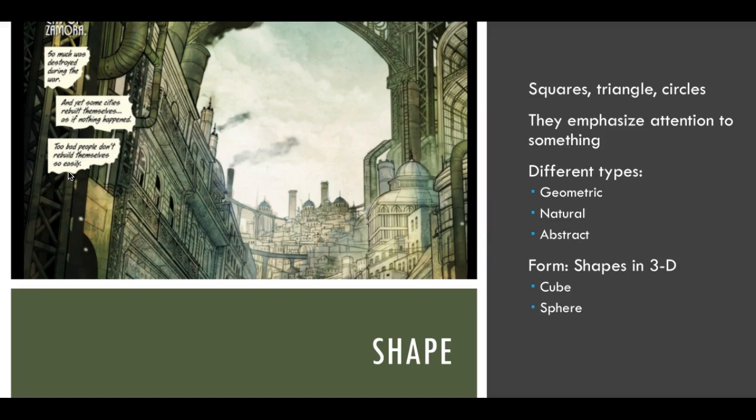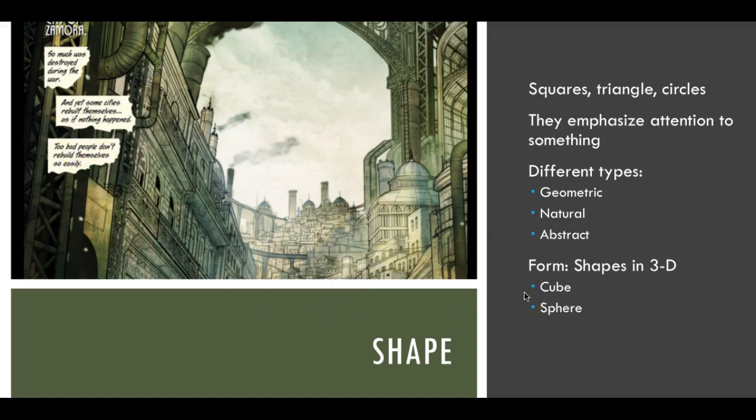And the reason is because this is different. So it's emphasizing attention to something. It's emphasizing that this part of the narrative is different. And really, this is like somebody recalling a story, and it's Miss Halfwolf kind of talking as if she's looking back. So that's why those shapes are there.